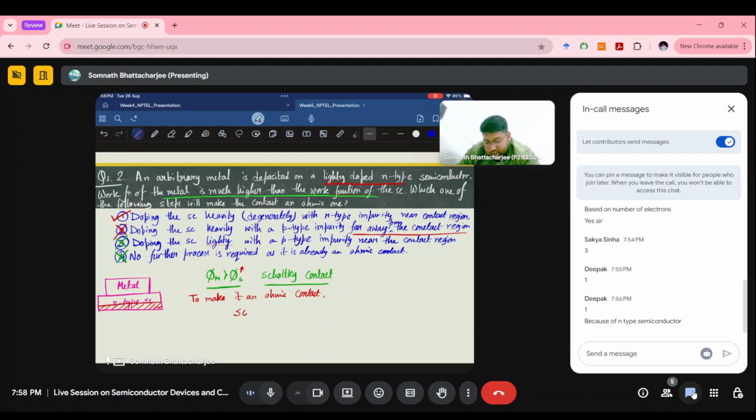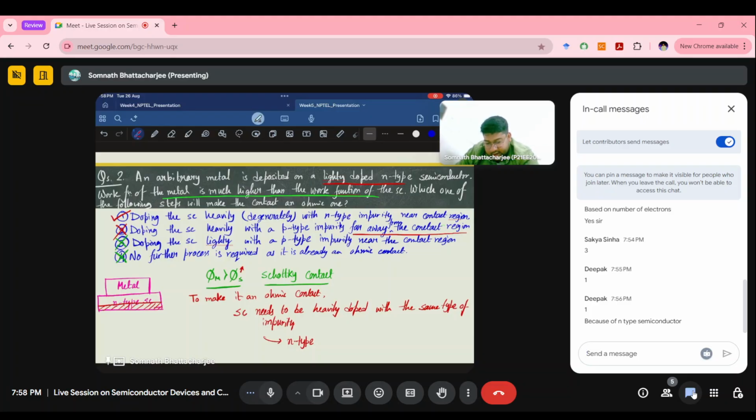So the semiconductor needs to be heavily doped with the same type of impurity. As it was n-type, we would dope it with n-type in this case.